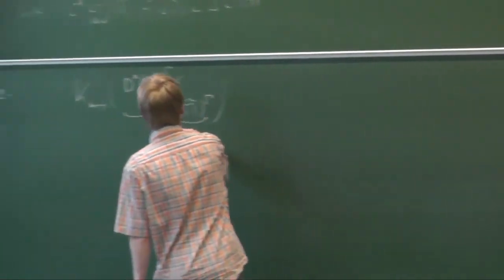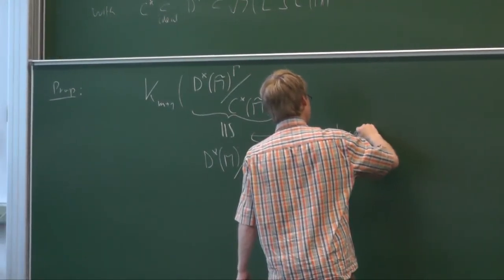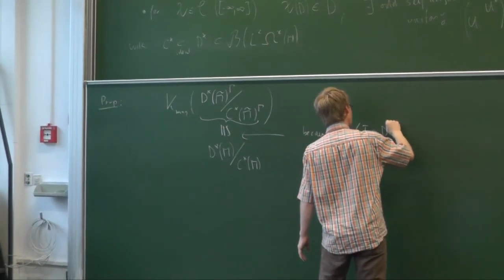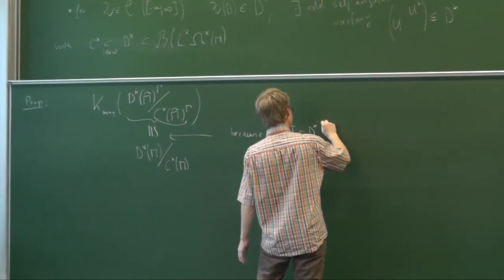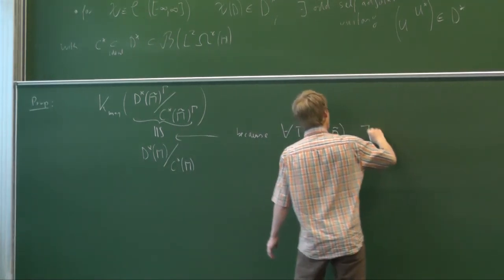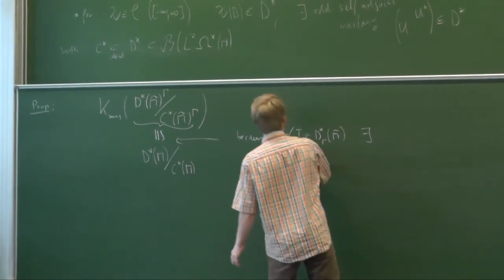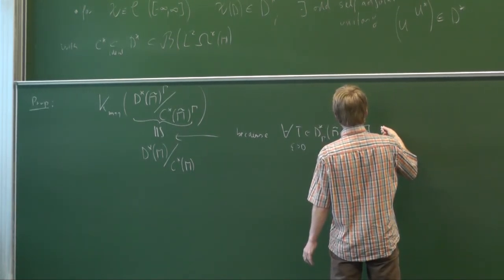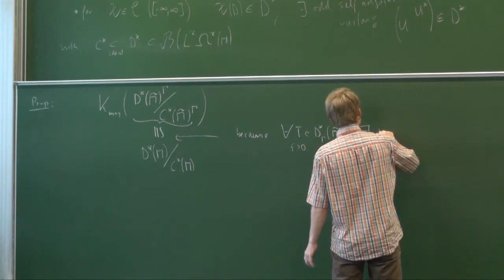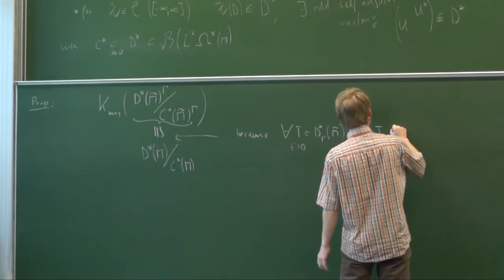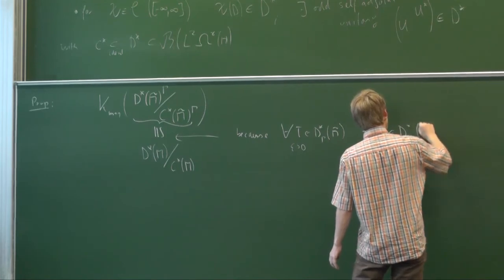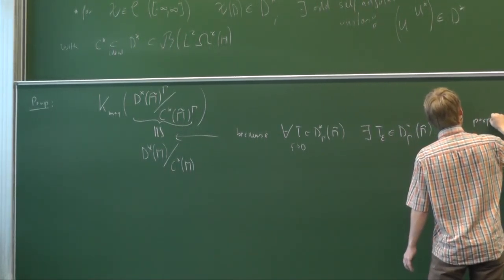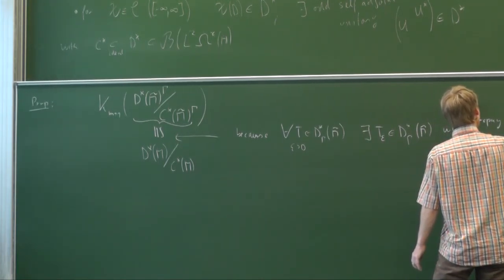So why is this? Because for every T in V star, gamma, tilde, and actually also for all epsilon greater than 0, there exists a T epsilon in V star, gamma, tilde with propagation of T epsilon smaller than epsilon.